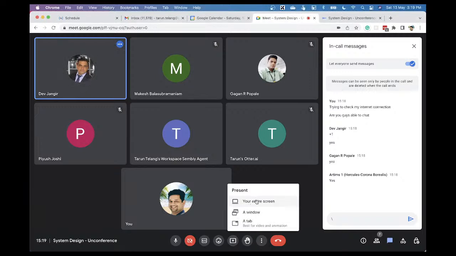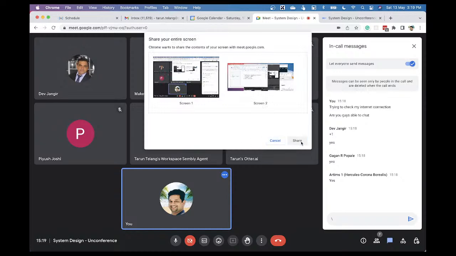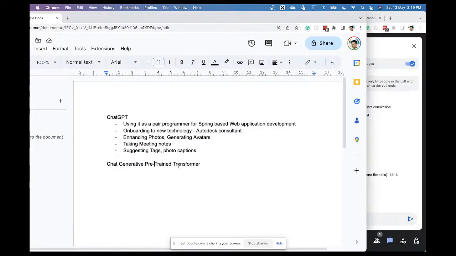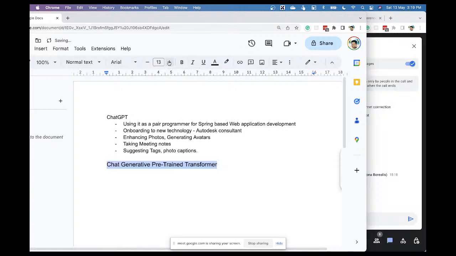Let me share my screen again so that you understand what I am talking about. So yeah, this is the ChatGPT full form, which is generative pre-trained transformer. So first thing is it uses AI ML, which is a big stream, and it's part of the OpenAI project. OpenAI has a lot of projects.